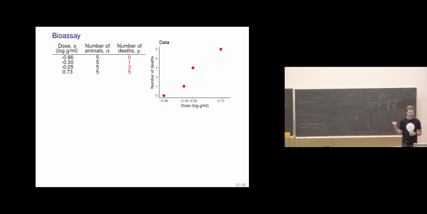So in this case there are 5 rats in each dosage group, and then there's grams per milliliter and then the logarithm of that.